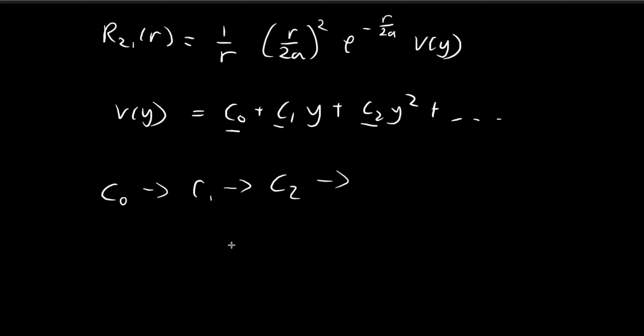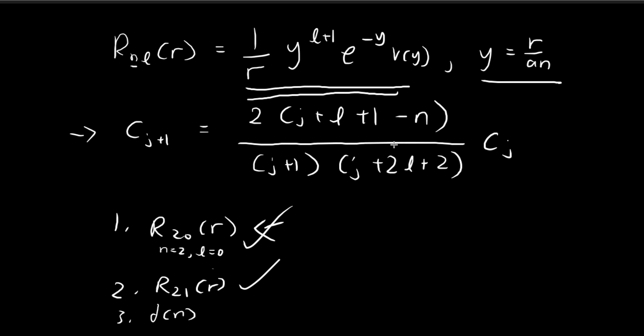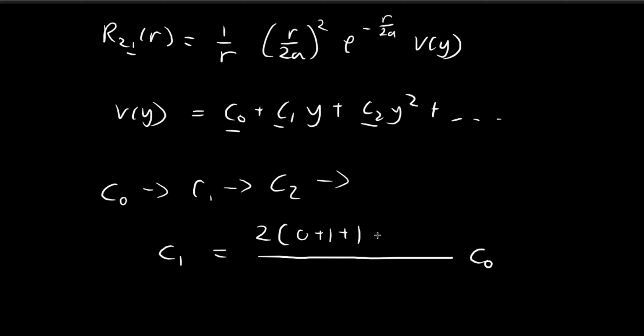So we start off with a C0, and then we keep on obtaining subsequent coefficients. So for any arbitrary C0, we can see that C1 is equal to C0 multiplied by this expression, which is equal to 2 times (j plus L plus 1), where j is equal to 0, L is equal to 1 for this case, plus 1, and then minus n, and in this case n is equal to 2, so minus 2. So once again you see that the numerator is already 2 minus 2, so we don't need to worry about the denominator, this whole thing is going to be equal to 0.